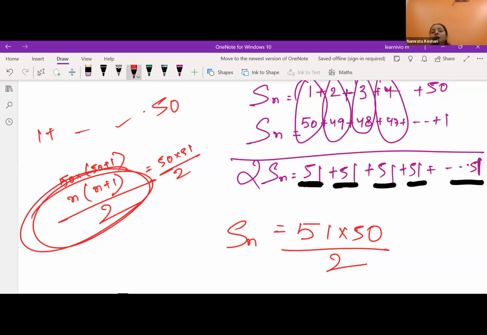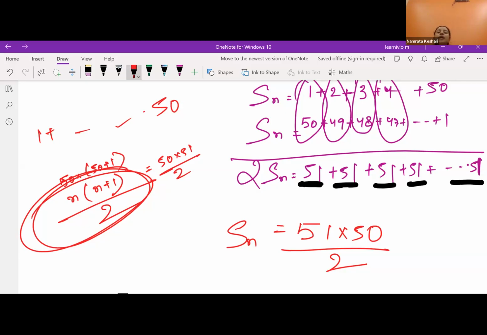But if you are telling me that you want to add all the numbers from 50 to 100, then this formula is not applicable. This formula is only applicable when you are trying to add from 1 till any number. Getting it? Yes, ma'am.